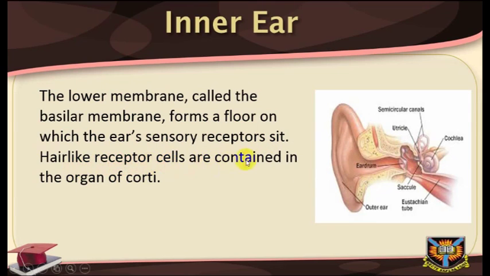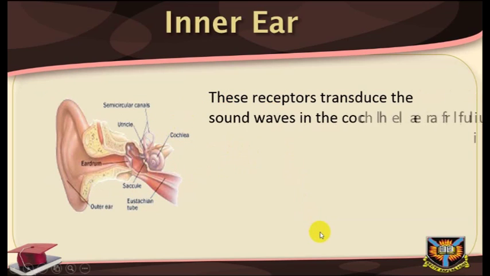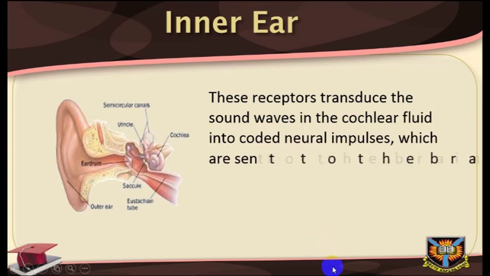Hair-like receptor cells are contained in the organ of Corti. Vibration in the cochlear fluid sets the basilar membrane in motion. This movement, in turn, moves the organ of Corti and stimulates the receptor cells it contains. This receptor transduces the sound waves in the cochlear fluid into coded neural impulses which are sent to the brain.